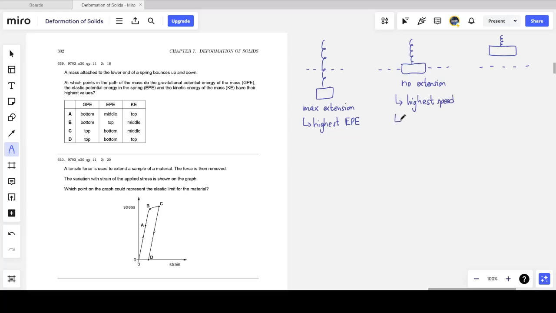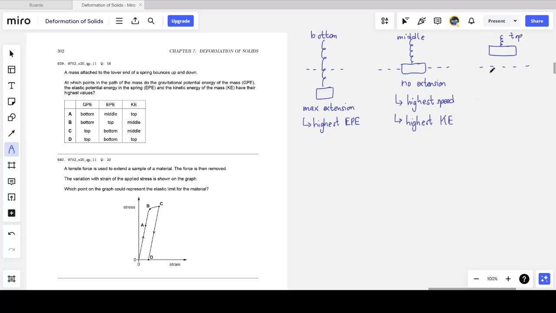As it's going up, it'll then slow down and stop at the highest point, and then speed downward and slow down and stop at the bottom point, so the central point has the maximum speed. And if it has the maximum speed, it must have the highest kinetic energy through the middle of the motion. So this will be bottom, middle, and top. We'll just label it so that we can answer the question easier.